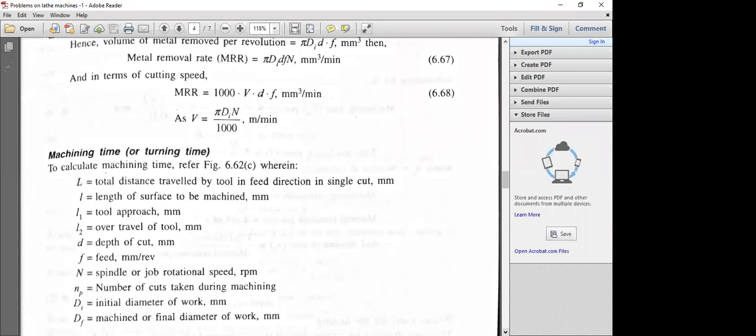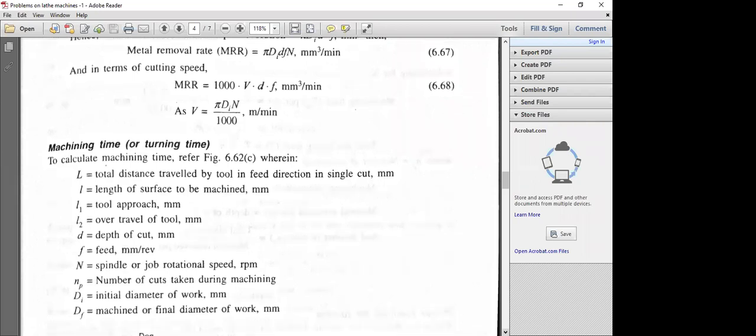Capital letters you have to use, and L2 is the over travel of the tool, because after machining you have to go for over travel of the tool, since the tool will be digging into the workpiece.